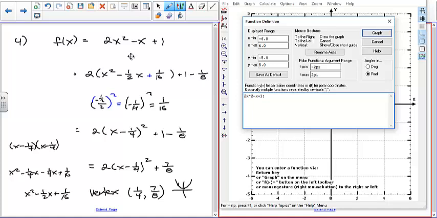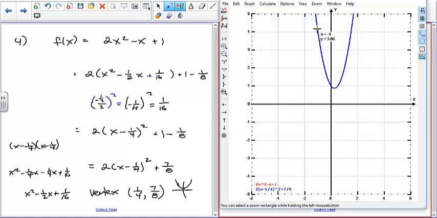And then I'm going to do the one in standard form because they should be the same. So I'm going to take 2 times x minus 1/4 quantity squared plus 7/8. I hope this is right because I don't want to have to redo this whole thing. And what I should see is one graph, and you can see that I do.